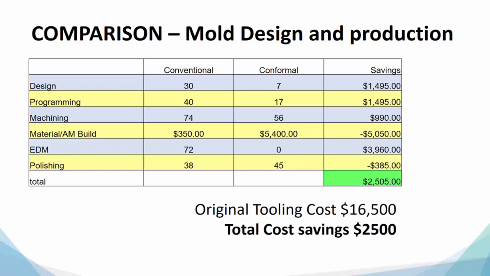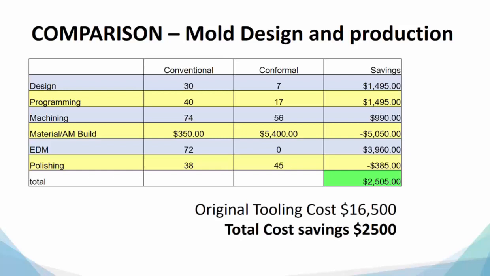So that's where the cost came in with the conformal cooling design. EDM time completely disappeared, and polishing time just increased a bit when it came to finishing up the outside of it. What's important is they were able to print the core and complete the post-printing operations and still save $2,500 on each core.